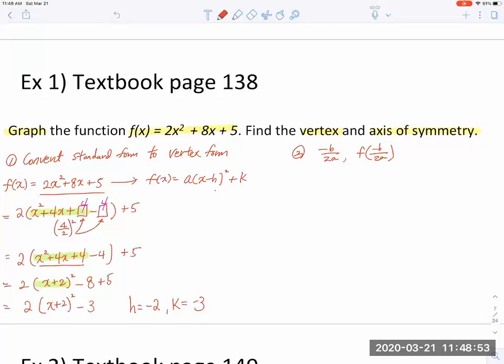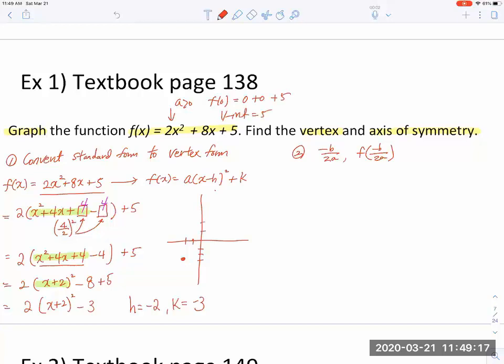And automatically we do know in this graph, we have negative 2, negative 3 here. Since a is positive, it's going to be upward. And then you can think about the y-intercept when f of 0 equals 0 plus 0 plus 5, your y-intercept is going to be 5.